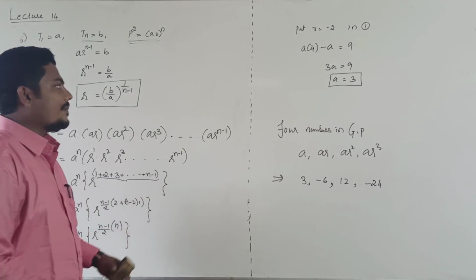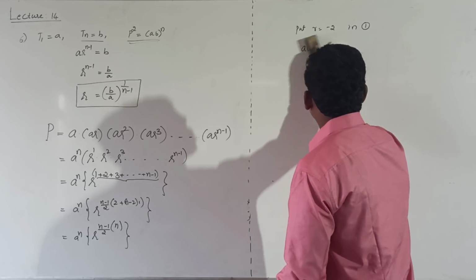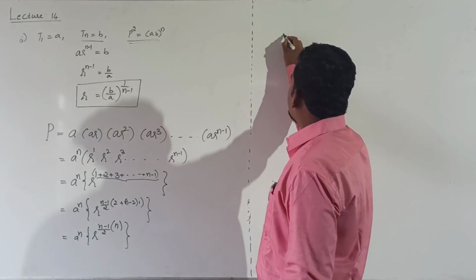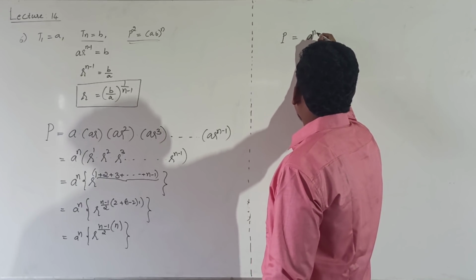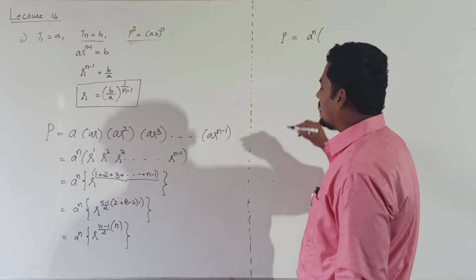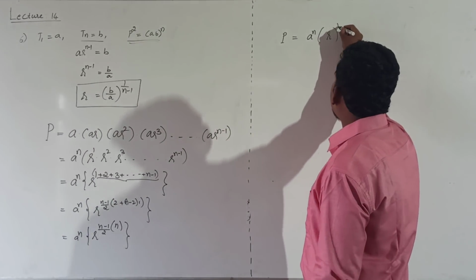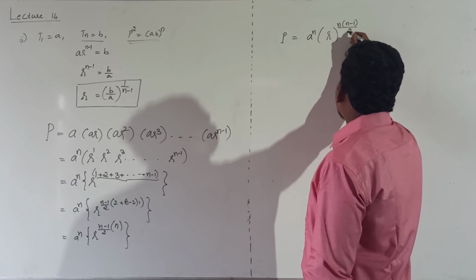Next, capital P is equal to a^n into r to the power n(n minus 1)/2.